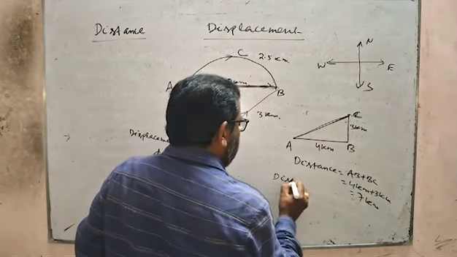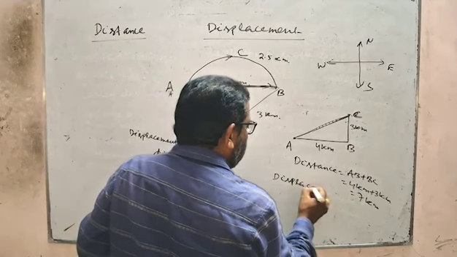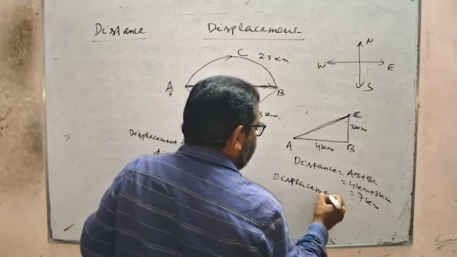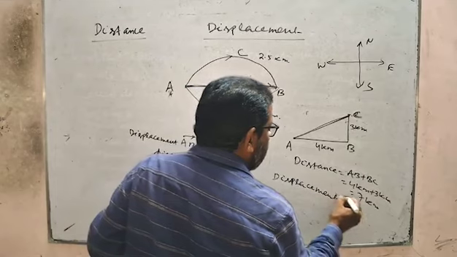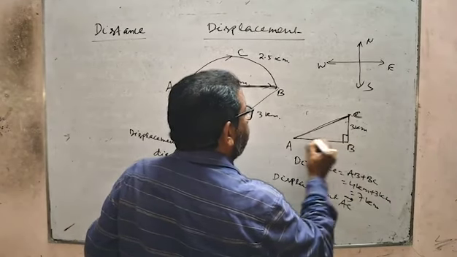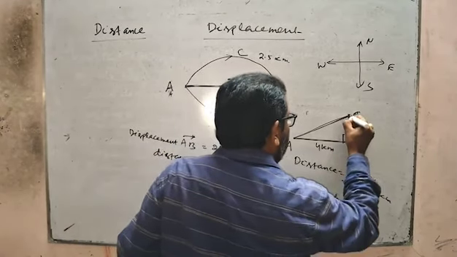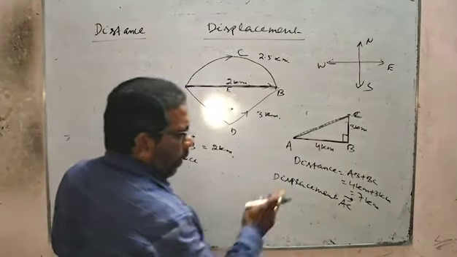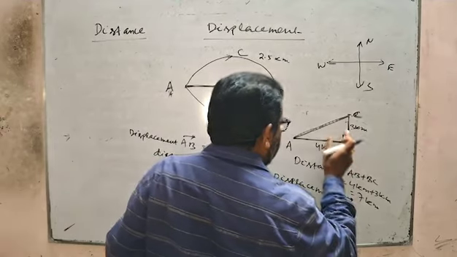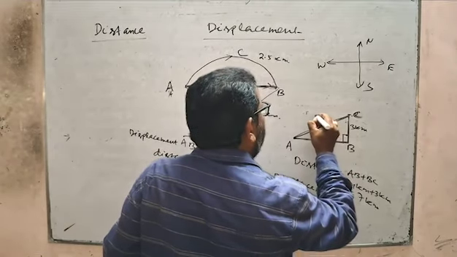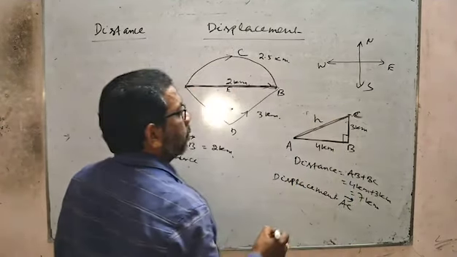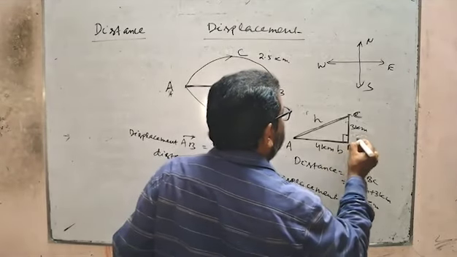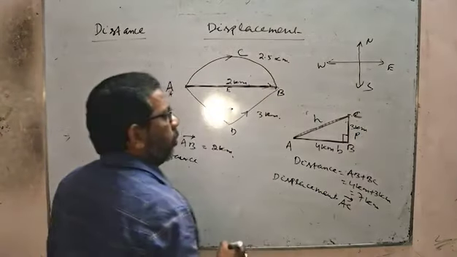You know the Pythagoras theorem from class 8. It is a right angle triangle in which AC is the hypotenuse, AB is the base, and BC is the perpendicular.